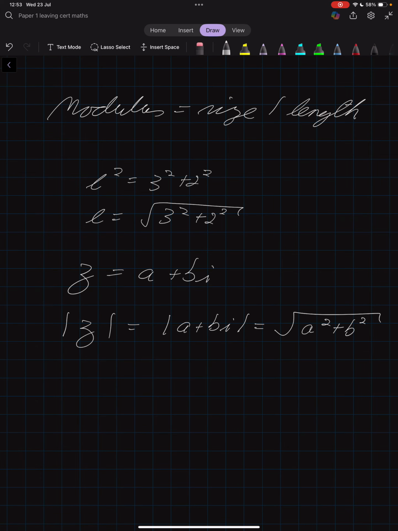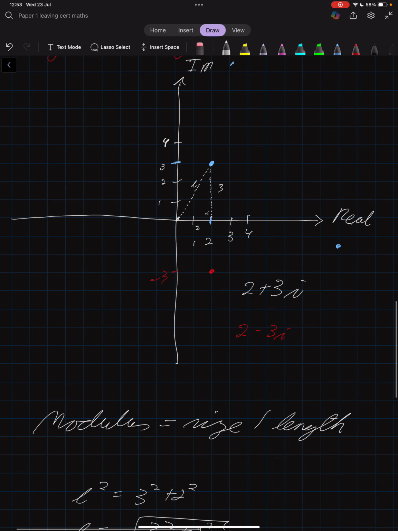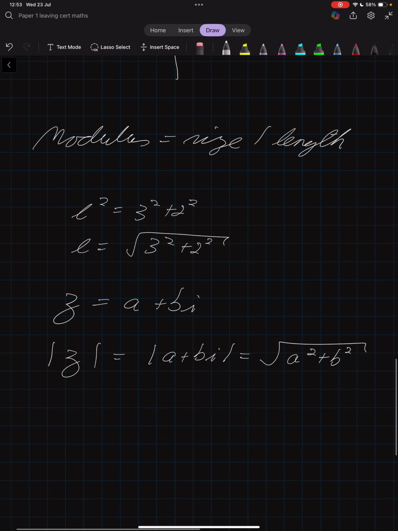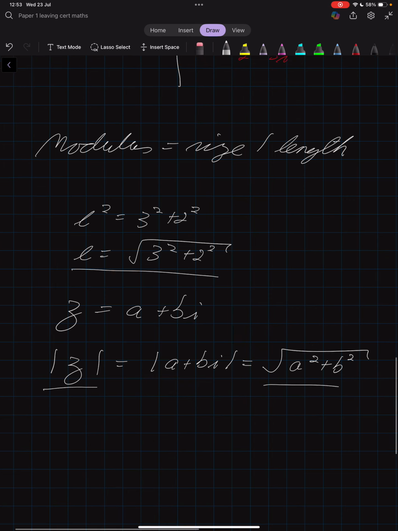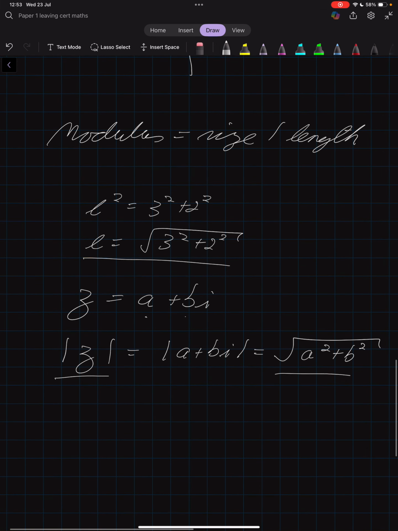So that's all the modulus is. The square root simply comes from Pythagoras. This looks very similar: here we had a 3 and a 2, and here we just have an a and a b. So hopefully all that's okay.